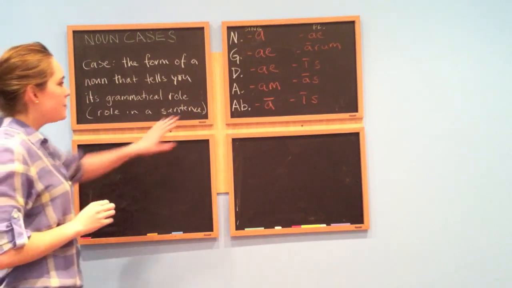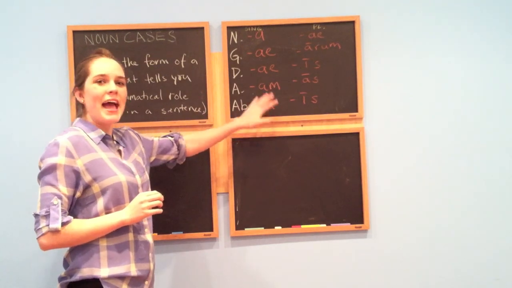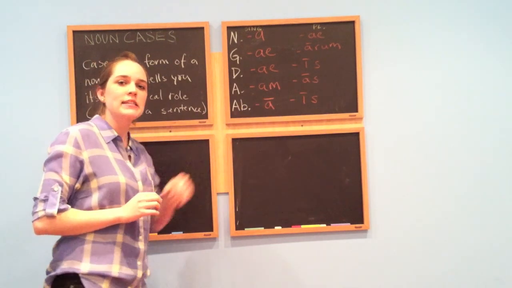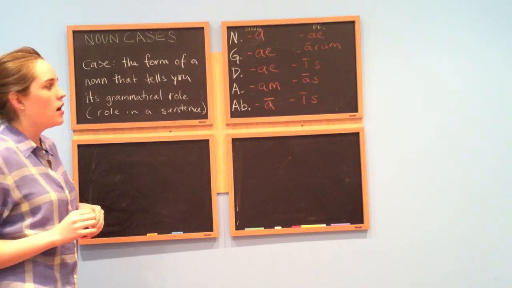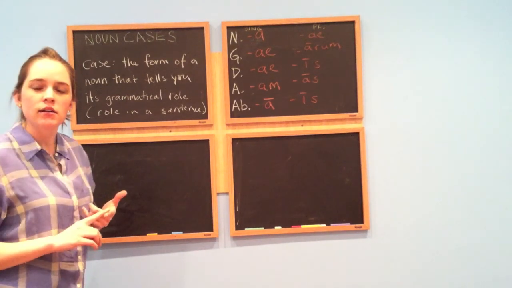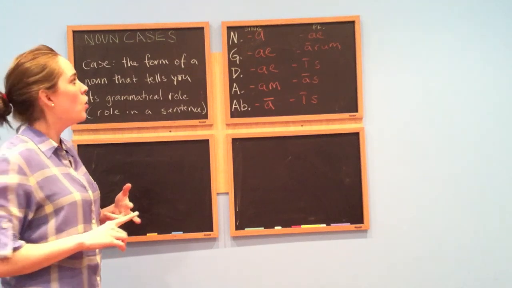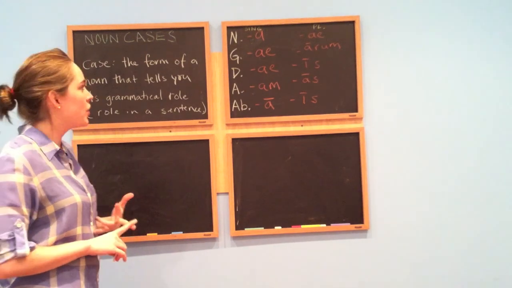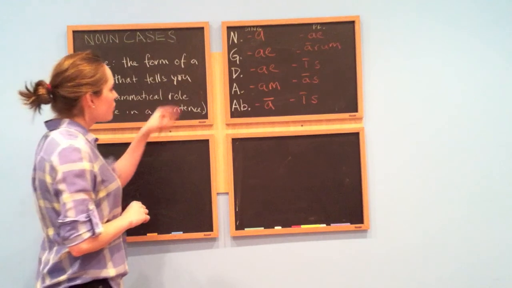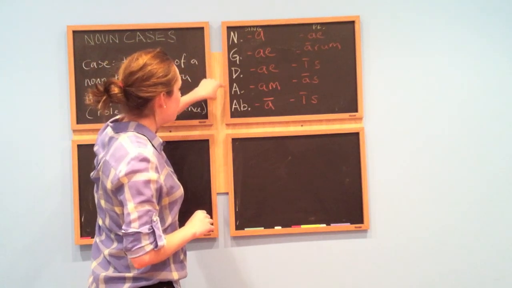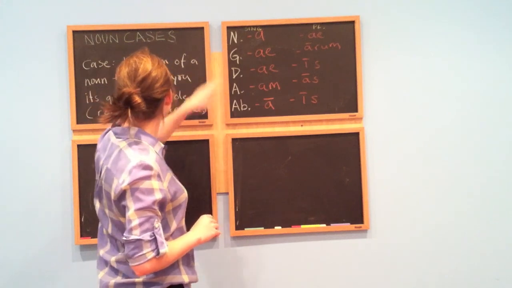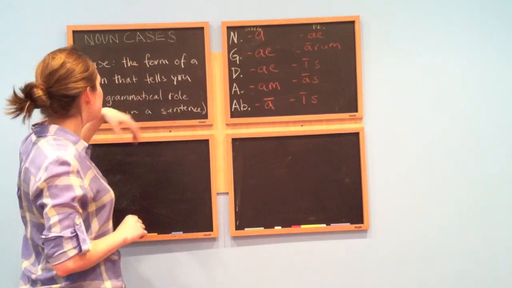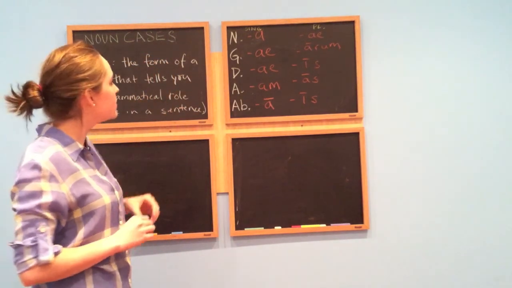Okay, I've left on the board here the case endings for nouns of the first declension. Nouns like nauta, nautae, sailor, or aqua, aquae, water. These white letters here are abbreviations for the 5 cases in Latin, the 5 different forms of a noun that tell you their grammatical role in the sentence.